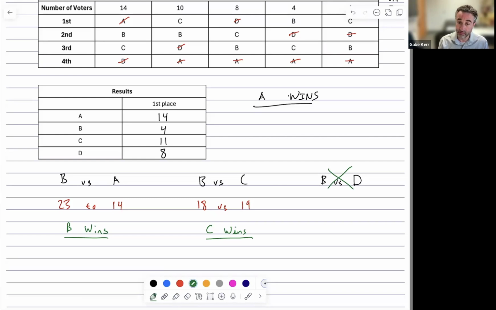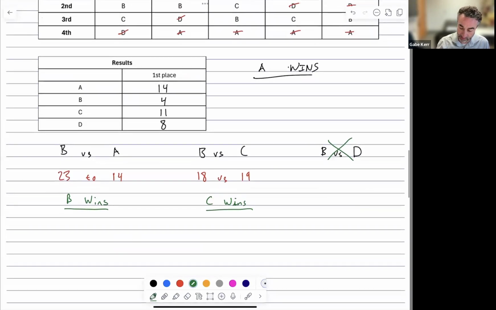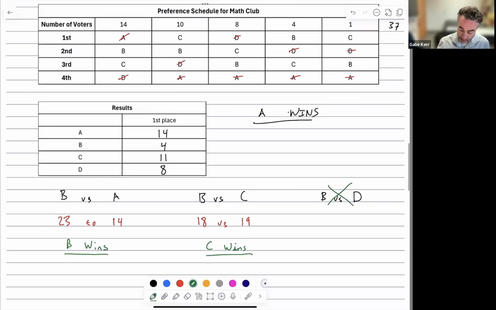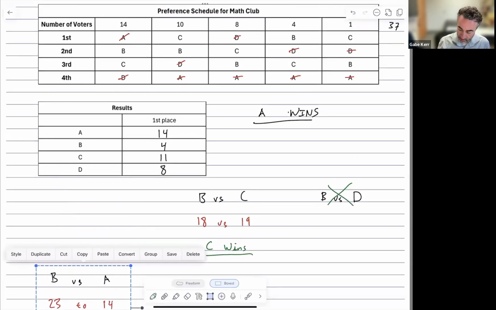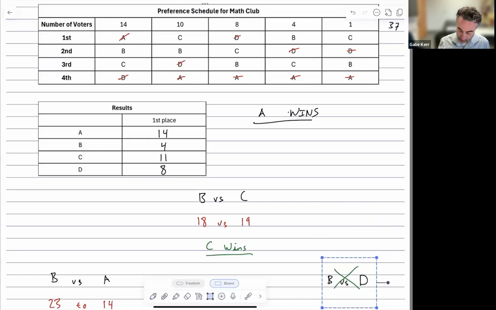It looks like C is winning versus B, so I'm going to start looking at the other examples of C versus B. My guess was not quite right. Let's take a look and see what happens when C does head-to-head matchups.